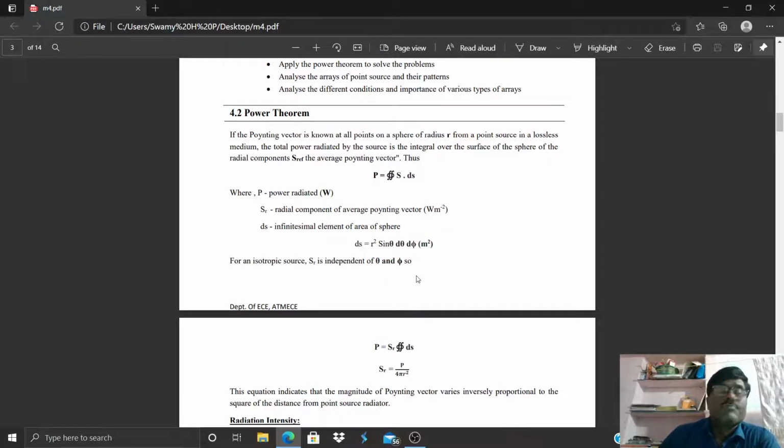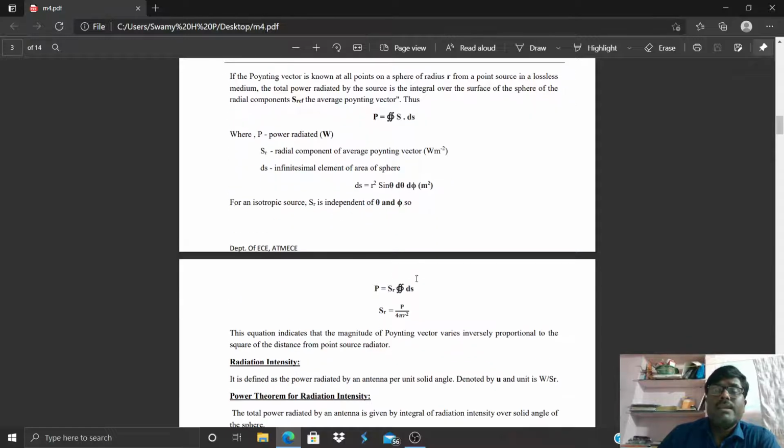So therefore, in P, S_r you can take outside from the double integral. Inside the double integral you have to put the dS. So S_r is equal to P divided by 4 pi r squared. Because S_r you can take outside the closed surface integral with respect to dS, where dS is r squared sin theta d theta d phi.